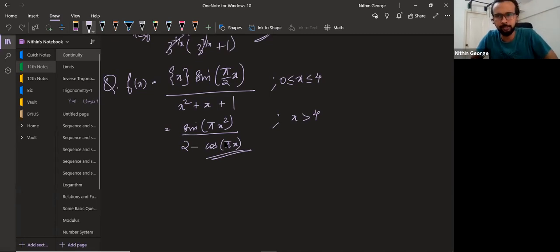Check if the function is continuous or discontinuous. If it is discontinuous, at what all points is it discontinuous?